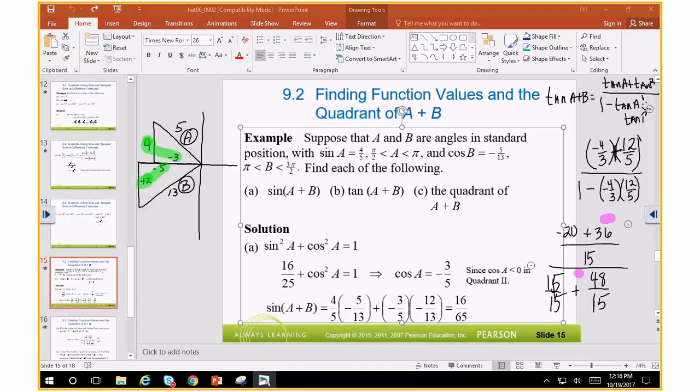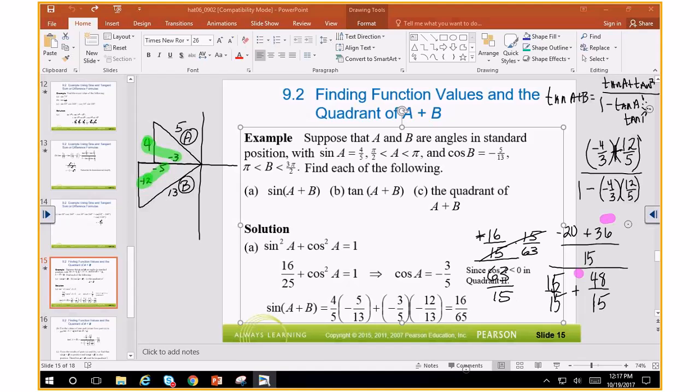So we've got -16 over 15, or that'd be positive 16 over 15, over 63 over 15, and the 15s cancel, and you should be left with 16 over 63.